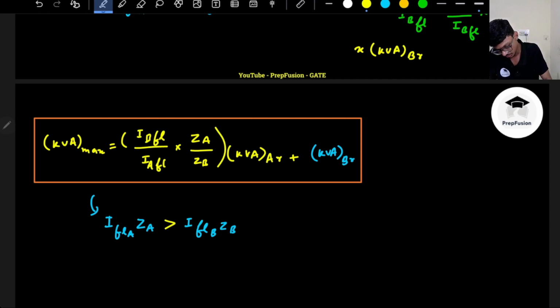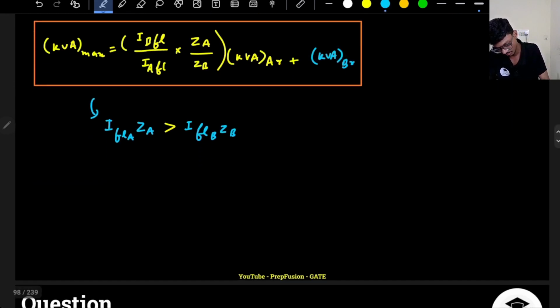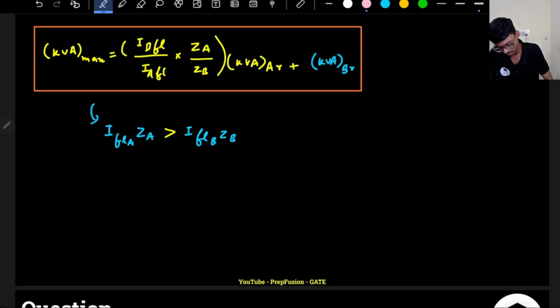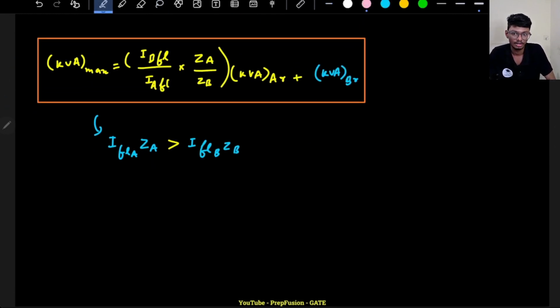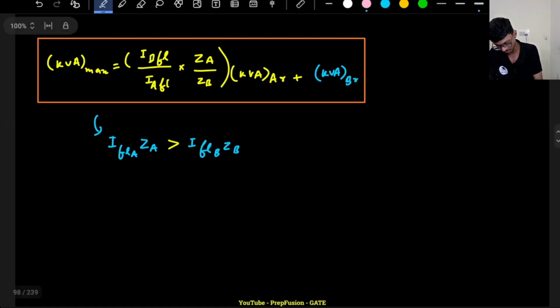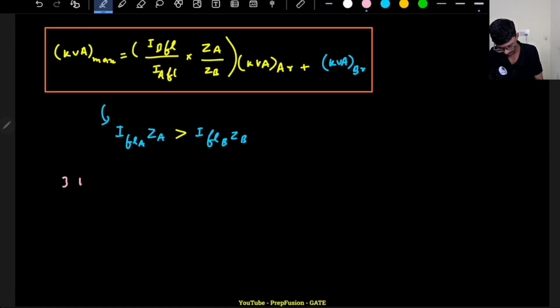Got it? So if I have three transformers, then what will be the formula? This was for two transformers, let's say I have three transformers.